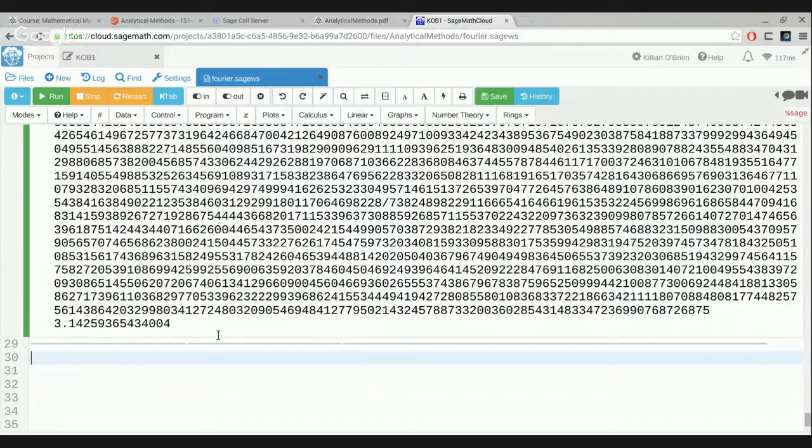All right, so let's look at another example. This isn't declared in the notes as such, but we'll just do it ourselves. We'll find the Fourier series for the function f of x equals x. This is our standard linear function.